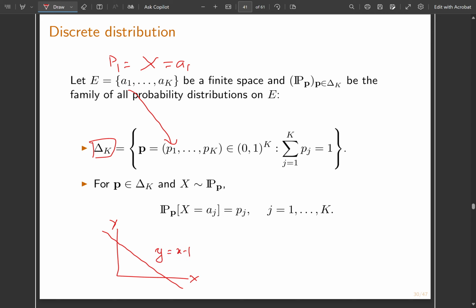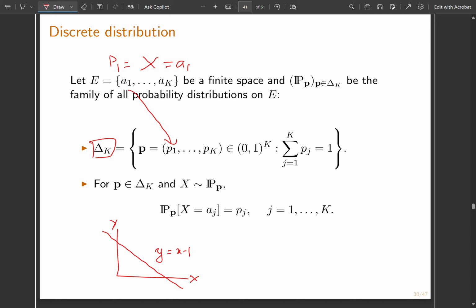That means x plus y will always equal 1, and you can take many values on this line. And you see most of this space is empty because we're constrained by y equal to 1 minus x. So these are all possible PMFs that can exist in a simplex of R.